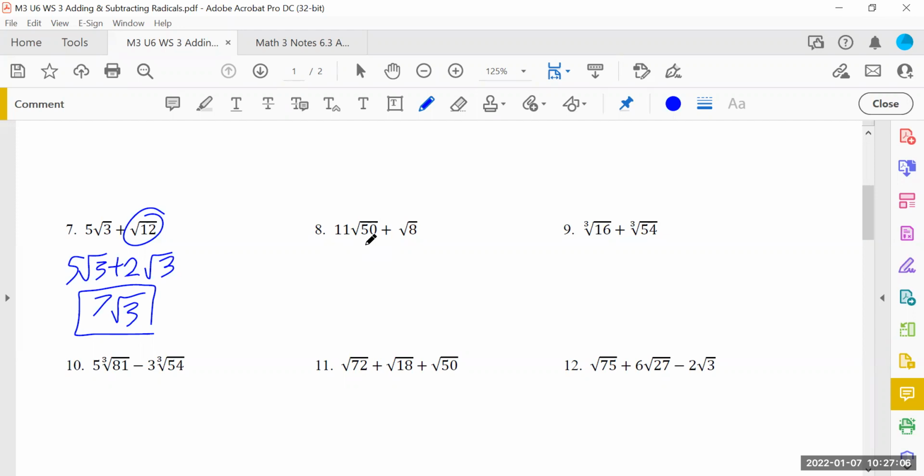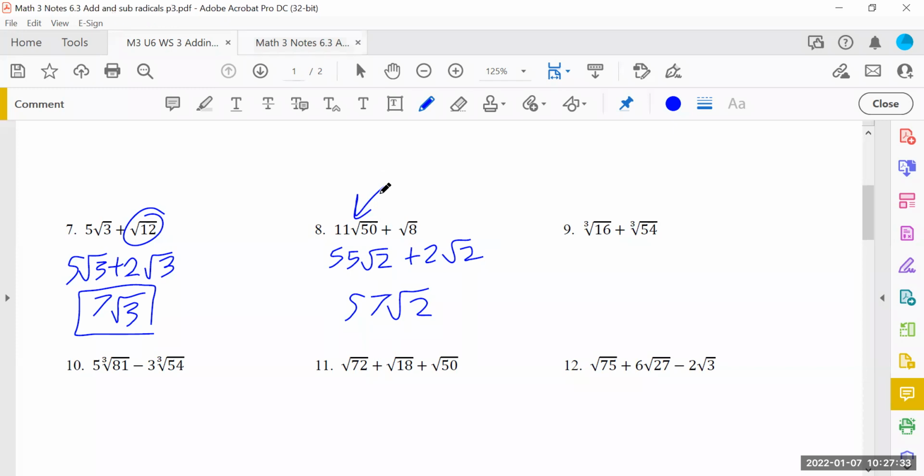Do you want to just tell us the final answer? 57 root 2. Because here you take the 5 out, gets us 55 root 2. Here, this one, take the 2 out, 2 root 2. I had a few people last period forgetting that you're multiplying that 5 and the 11, right? 5 and 11 would make 55. Add those together, 57 root 2 is perfect.